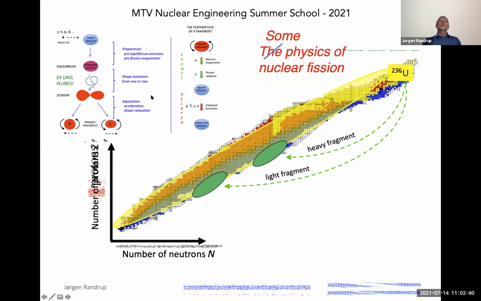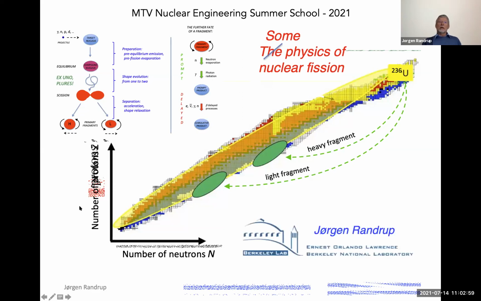And then what I didn't speak about is the subsequent fate, the de-excitation, which is sequential, neutrons and photons, and then finally electrons and antineutrinos, and then so on during the delayed processes. So that is about it. And I am now thanking you for your attention, and I'm open for questions.